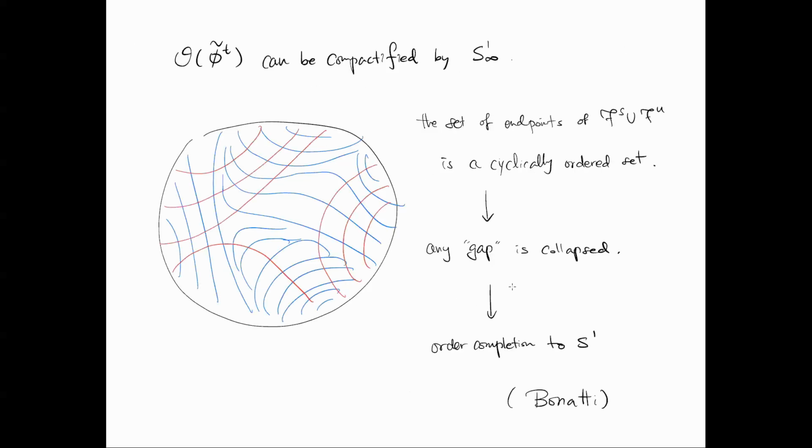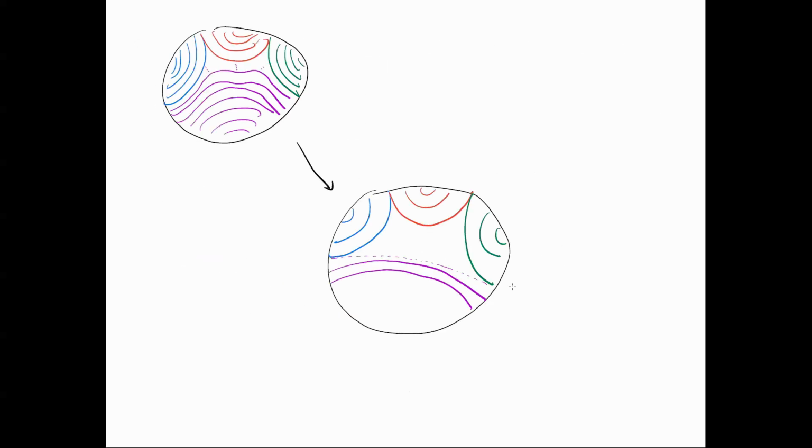One thing I just want to emphasize is that unlike the usual picture we saw in circle laminations, now we have to give up something.